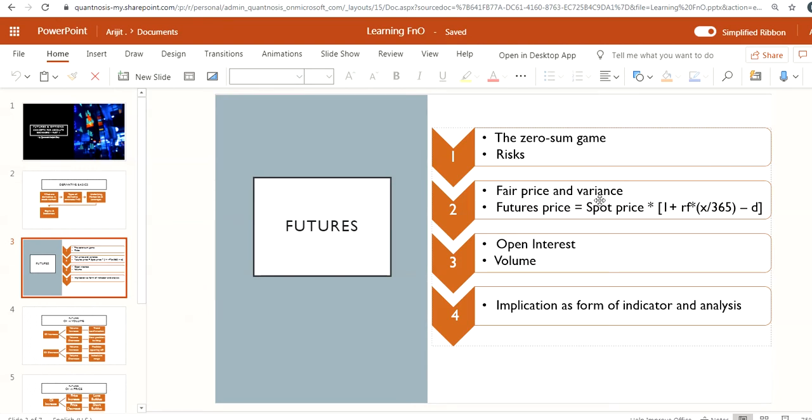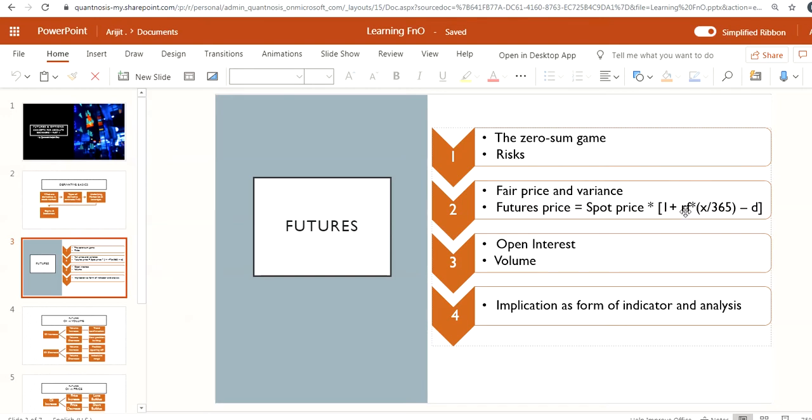Even though futures mimic the price of the spot, there is a formula based on which we can calculate what the actual future price is supposed to be. This is similar to the option calculator we spoke about in one of our other videos. The future price is calculated as spot price multiplied by (1 plus RF into X by 365) minus D. Yeah, this formula looks scary, but it's quite simple actually.